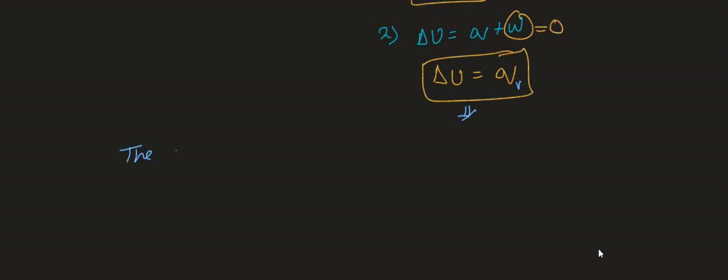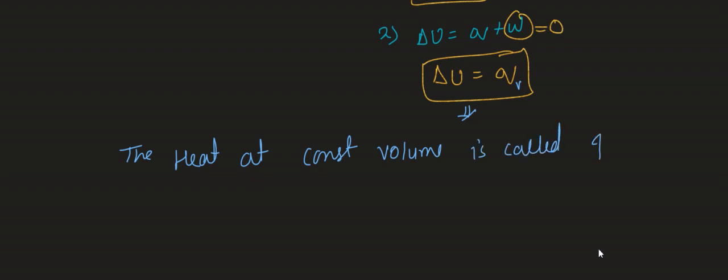The heat at constant volume is called internal energy. I hope you understood. Heat at constant volume is called internal energy. Clear till here? Right, so this is very, very important.